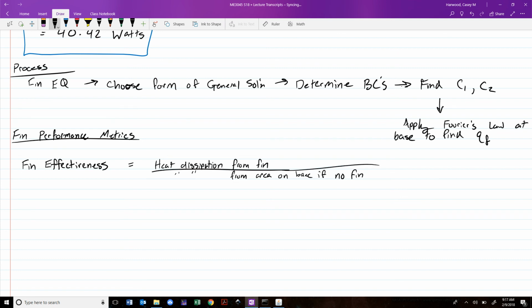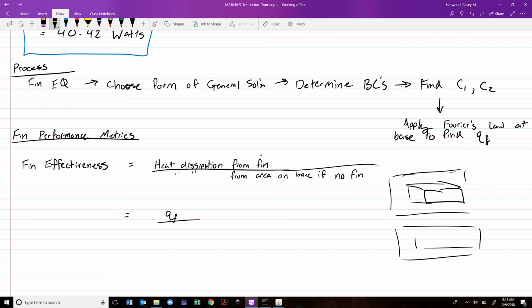So what this boils down to is we take Q_f that we found divided by what the convective heat transfer from the base area of the fin would be if there was no fin at all. So it's the case of a fin on the wall compared to a fin-sized blank area on the wall. What's the heat transfer of these two cases relative to one another?